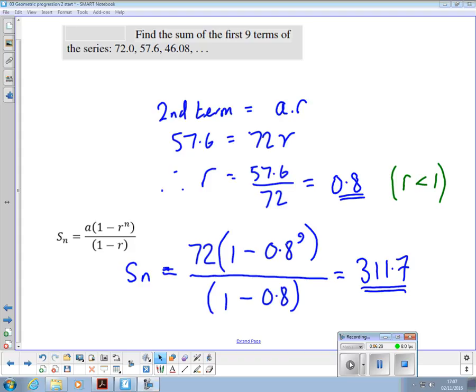We then just plug it into the formula we've been given and, using the version for R is less than 1, plug the numbers in, come up with an answer. Okay? So nothing particularly difficult if I should ask you to do that in the assignment, yeah?